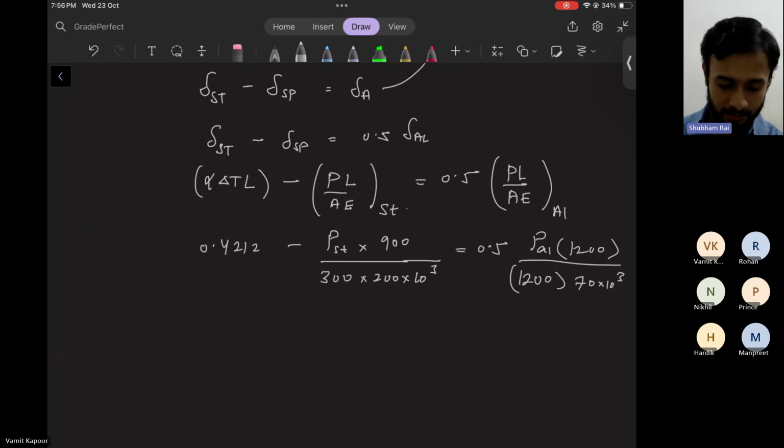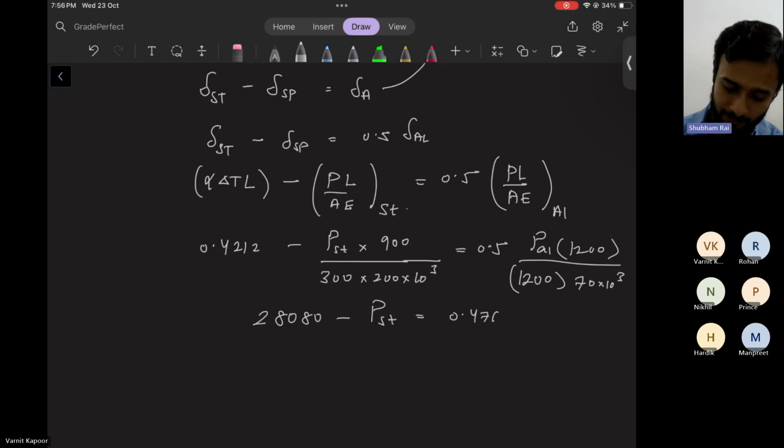So finally, you will get one relation. If you solve this, you will get 28080 minus load in aluminium equal to 0.4762 times the load in aluminium. So let's say this is equation number 1.